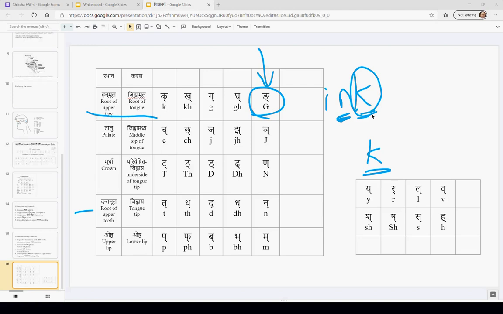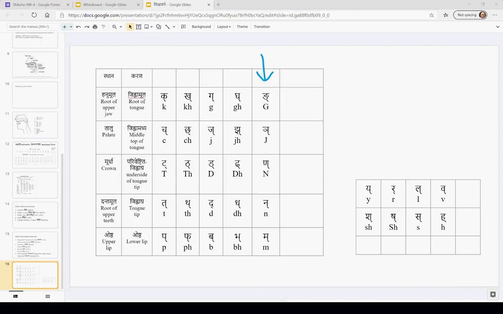But if it is followed by a vowel, now that you know how it is to be pronounced, it is easy to know. If it is followed by a consonant, it takes the same position as that following consonant. Each of these sounds can also be followed by any of the vowels, not only the consonants.